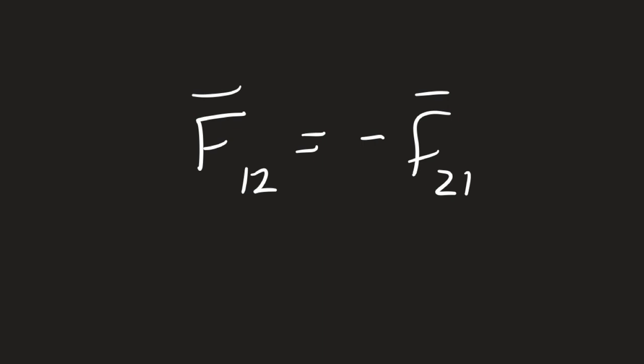This says the force from object 1 on object 2 has to equal the force on object 2 from object 1. The force from object 1 on object 2 is equal and opposite to the force on object 2 from object 1. That's what that says.